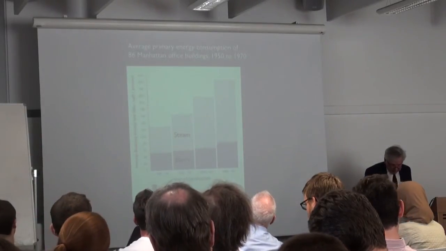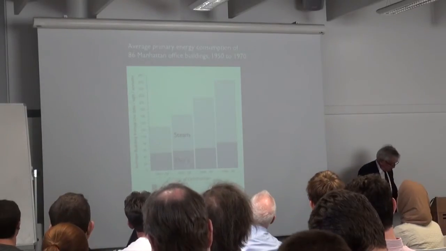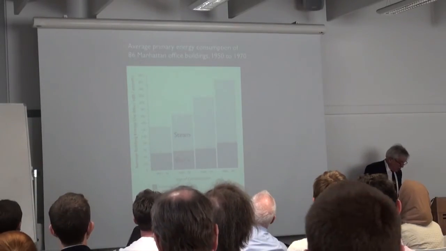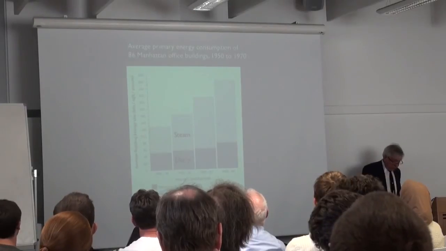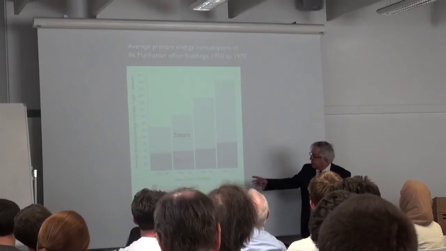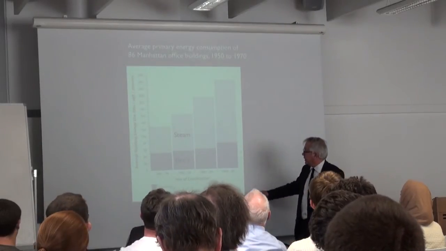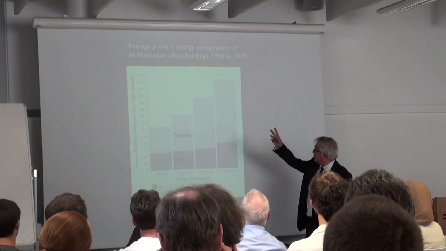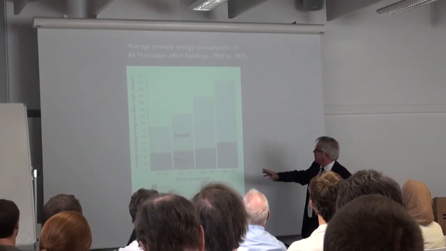Here's a study by Stein. These are 86 buildings in Manhattan, built between 1950 and 1970. These are averages for those buildings in each of these 5-year periods.